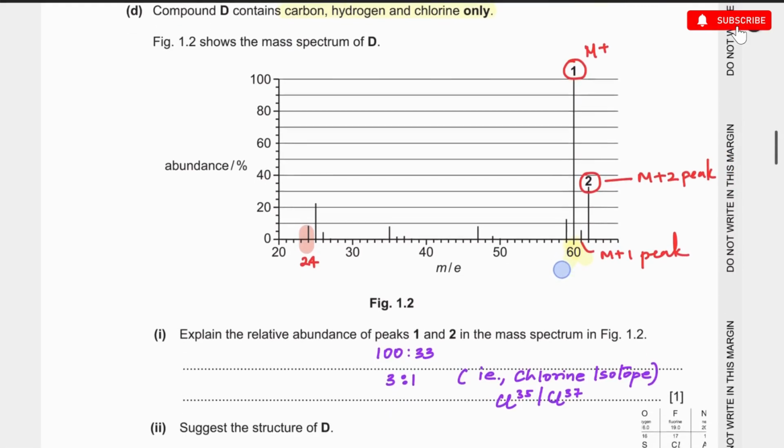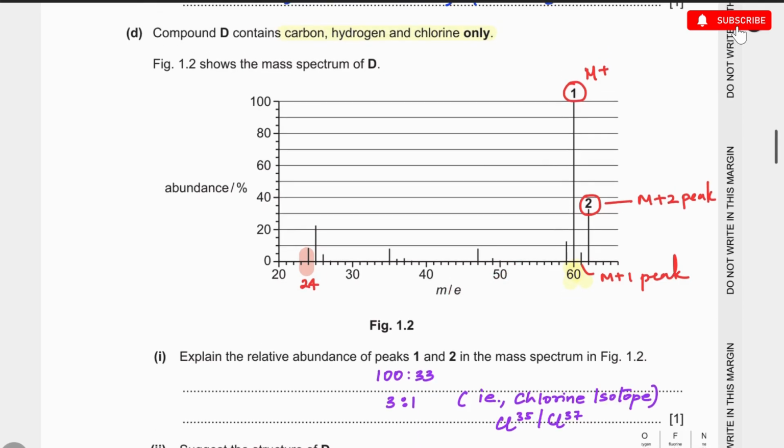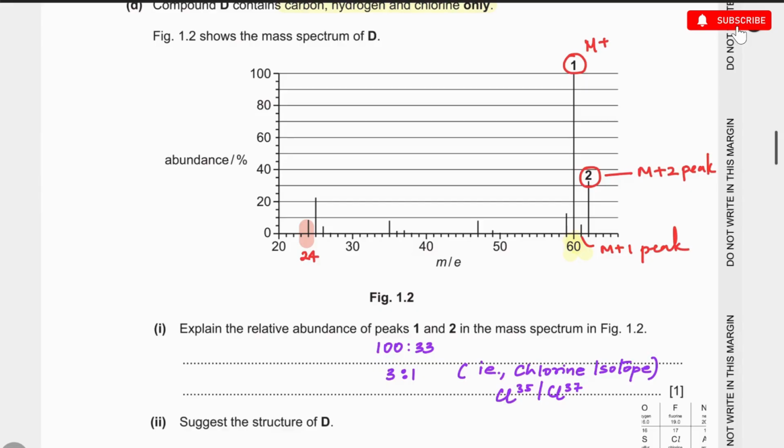The question talks about mass to charge ratio. They have also given the percentage abundance. Now explain the relative abundance of peak 1 and 2 in the mass spectrum. So for 1 we have already got, we can see from here it's going to be 100%. For the next one, they are asking us for 2, so we will check for 2.